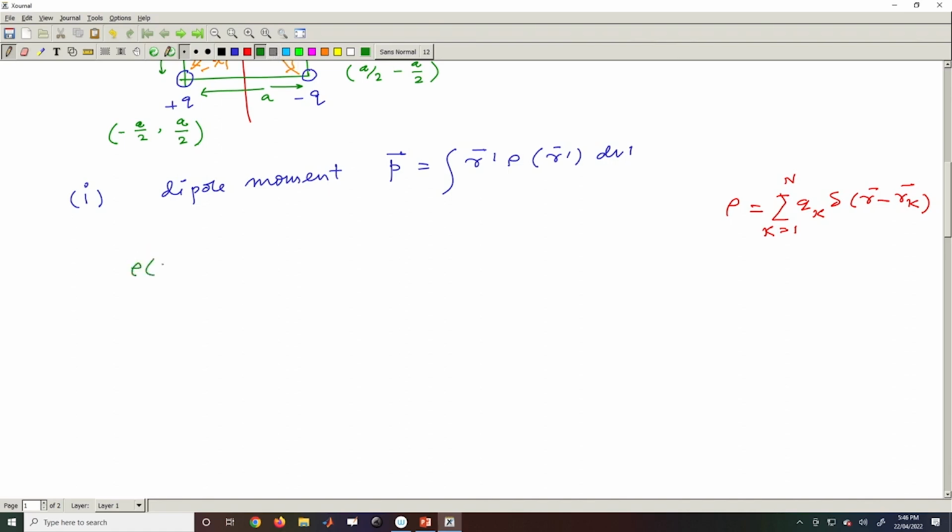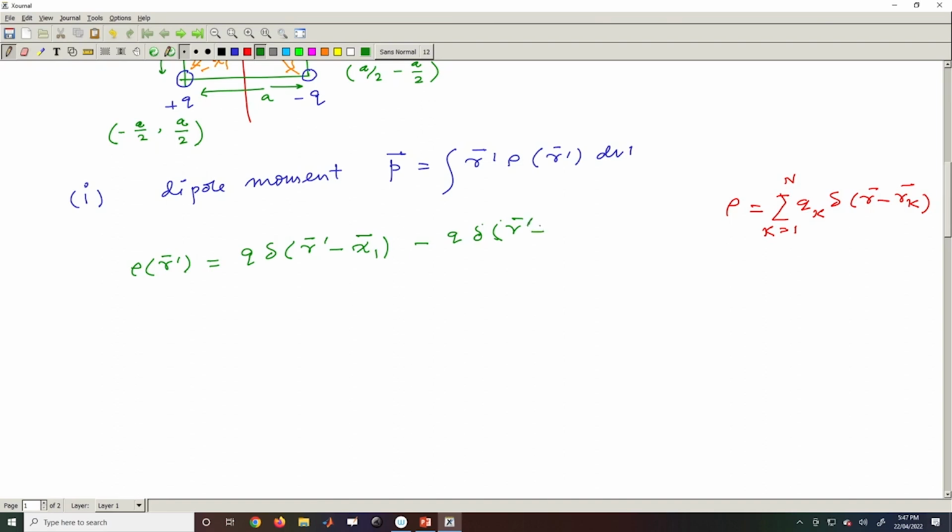and write down the charge density of the entire system, and that is q delta of r prime minus the location of that, minus q delta of r prime minus the location of that.